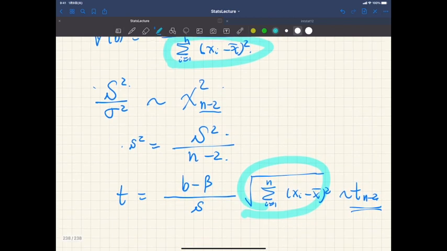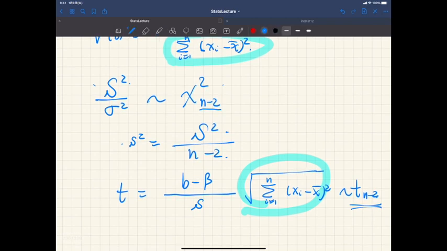So what was the definition of the T statistic? Remember? The T statistic is obtained by the ratio between a random variable following the standard normal distribution divided by the square root of a variable that follows a chi-square distribution with n degrees of freedom, in this case n minus 2, divided by n minus 2.